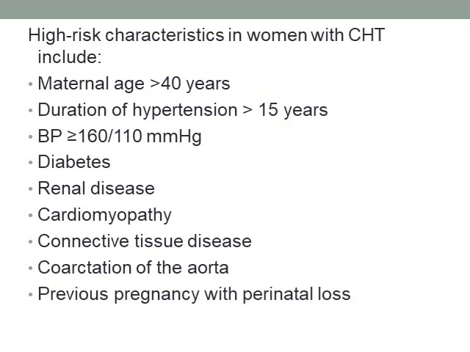We have certain patients with chronic hypertension who have risk factors or are considered high risk. So the high risk characteristics that should be flagged as red flags are: patients who have an age of more than 40 years, or the duration of their hypertension is more than 15 years, or their blood pressure is very high, 160/110 or more, those who have diabetes, renal disease, cardiomyopathy, connective tissue disease, coarctation of the aorta, or have a previous pregnancy with perinatal loss.